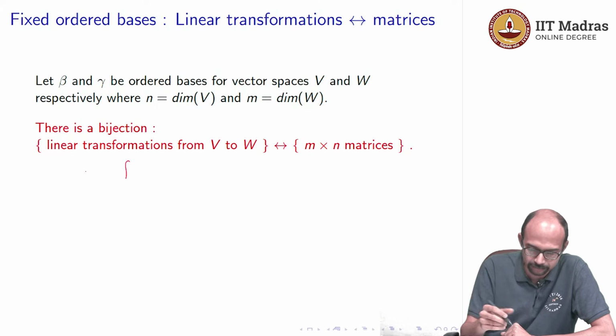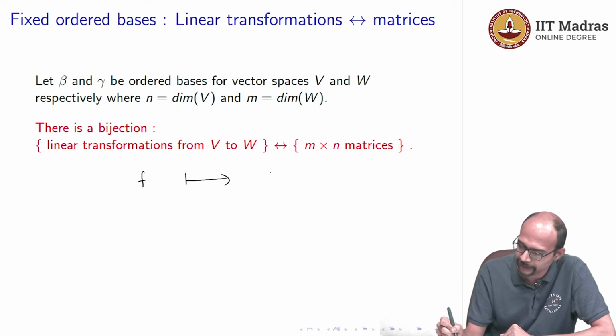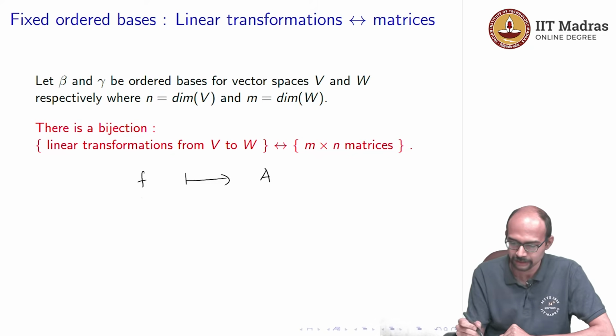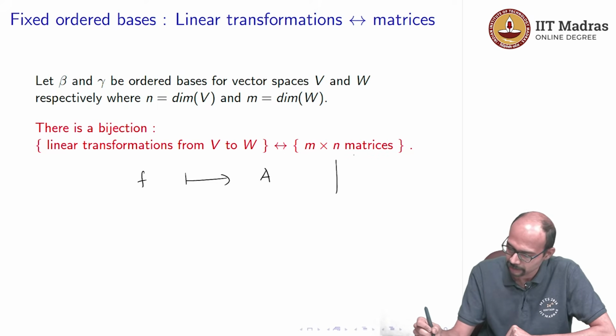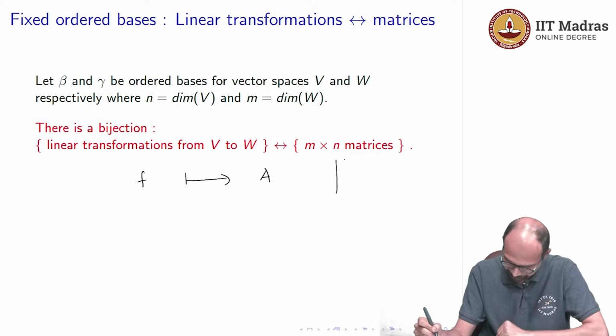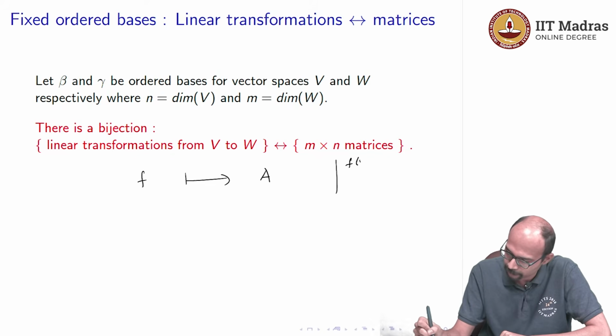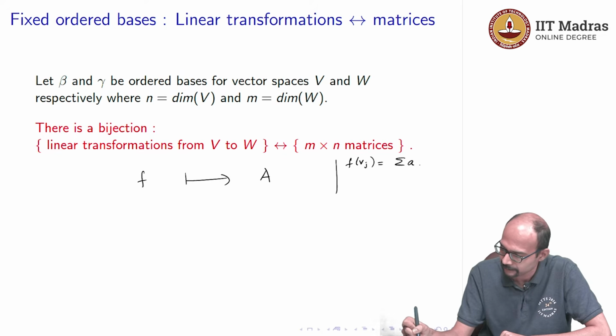If I have a linear transformation, I know how to get a matrix A, because beta and gamma are specified. This was by writing f of v_j as the summation of A_ij w_i.